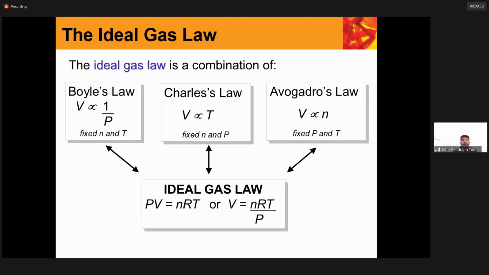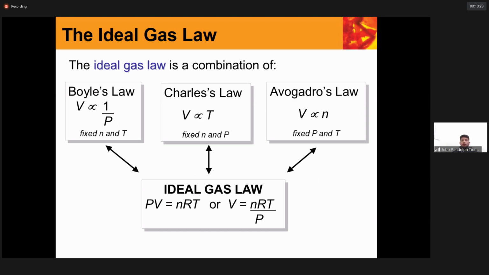Now here we have the ideal gas law, which is simply the combination of the 3 laws: Boyle's law, Charles' law, and Avogadro's law. The ideal gas law is given as PV equals nRT. Right? For Boyle's law, temperature and number of moles are fixed. For Charles' law, pressure and number of moles are fixed.